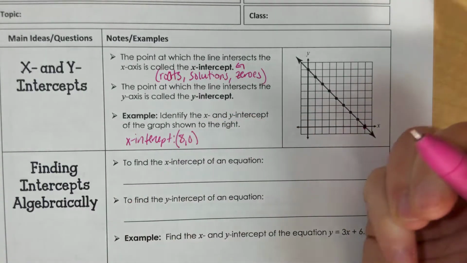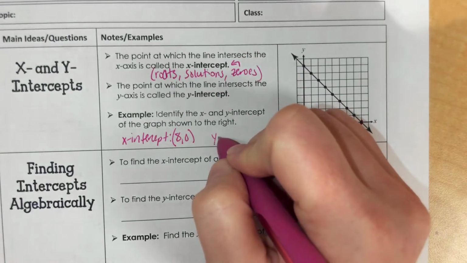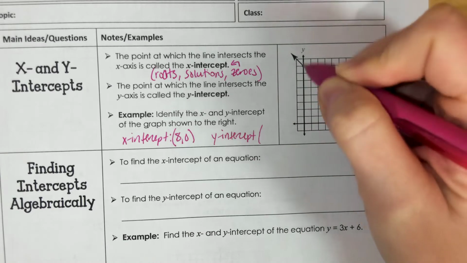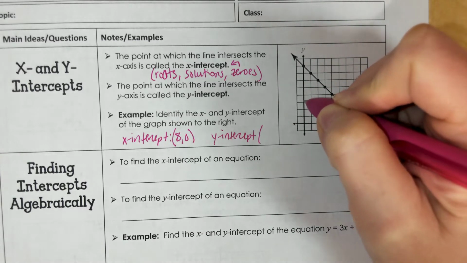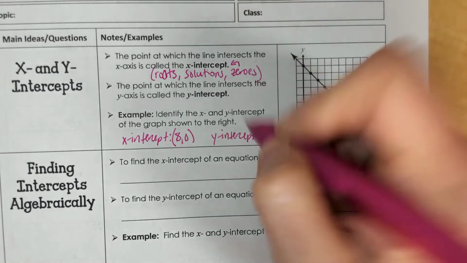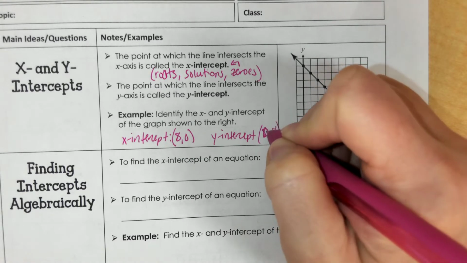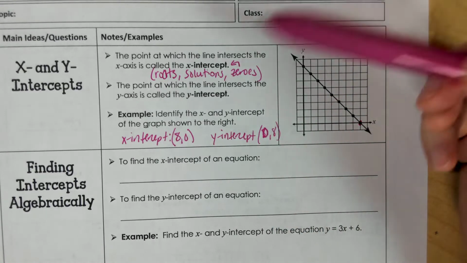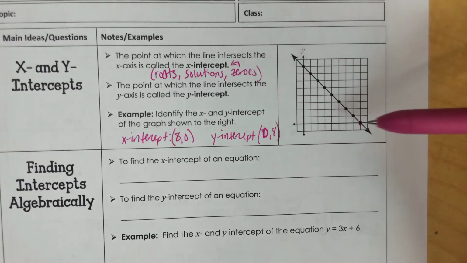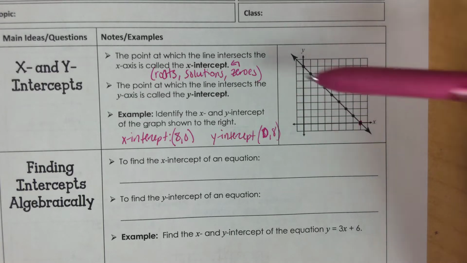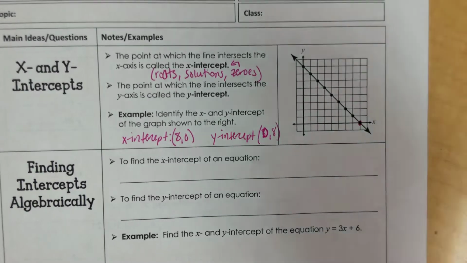Okay, so my x-intercept is going to be (8, 0), versus my y-intercept, which is where it crosses the y-axis, which is at 1, 2, 3, 4, 5, 6, 7, 8. So (0, 8) this time. Okay, so keeping in mind, with my x-intercept, I have an x value, the y value is 0. With the y-intercept, the x value is 0, and then I have whatever that y value is where it crosses.